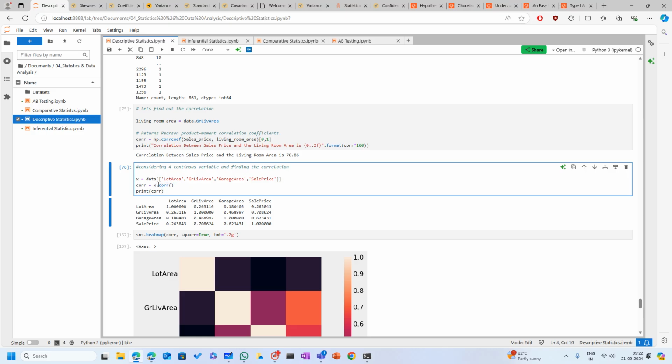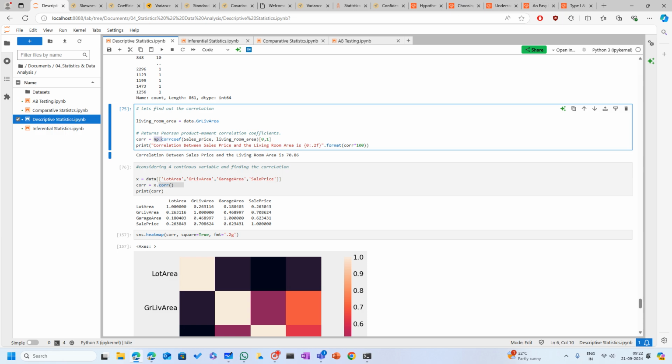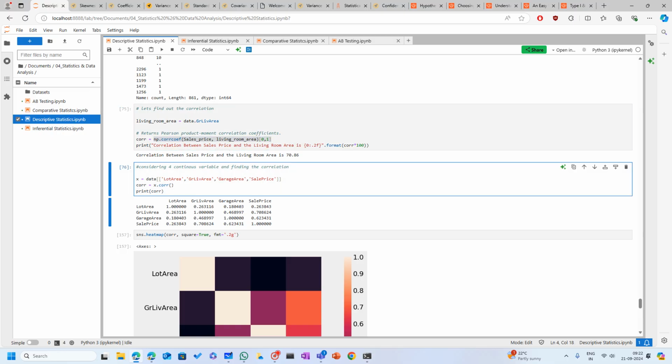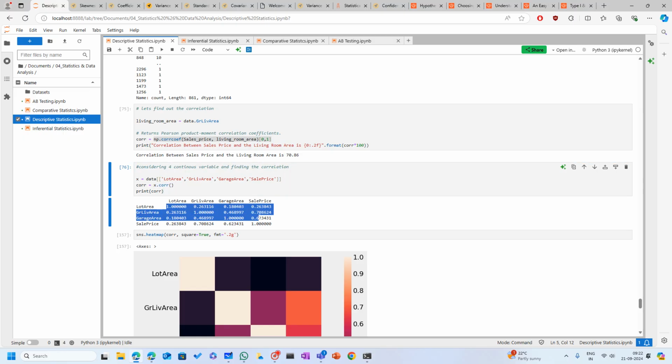For correlation, this is a pandas function and this is a numpy function. In numpy you can use the correlation coefficient and pass the values, or if your data is in the form of a data frame or a matrix, a data frame is essentially a matrix, then you can directly apply the corr function, and here you get this table. This is again very important.